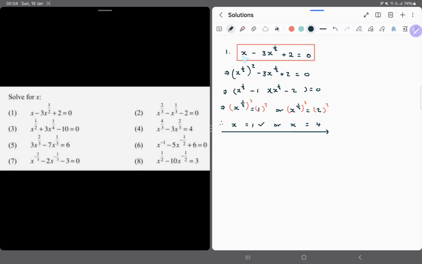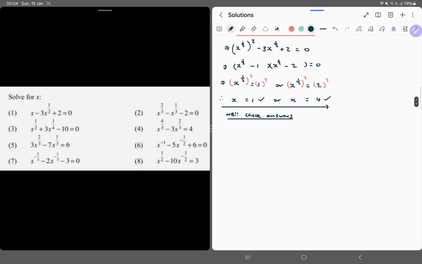And we put a 4 in there. 4 is 2 squared, so that cancels out. 3 by 2, that's 6. Now we've got 4 minus 6, that's minus 2. Minus 2 plus 2 is 0. So these answers check out. So please check the answers. Do not make the mistake of assuming you've got it good.